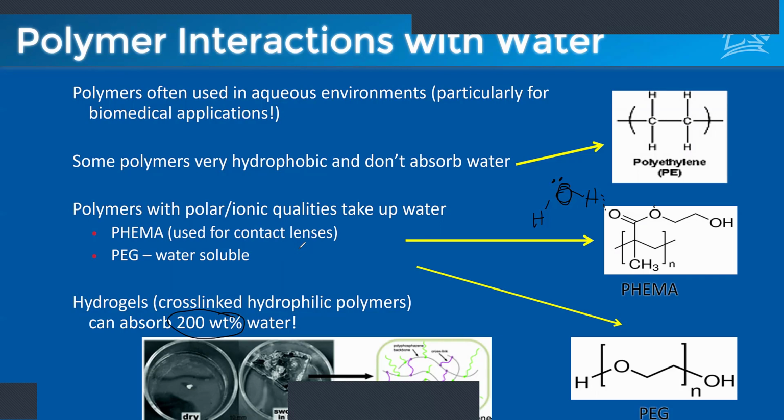And there are some cool applications that we'll talk about later in the semester associated with those. But it all goes back to looking at the structure of the polymer and being able to predict properties of that polymer based on its structure alone. And we can predict, if we see these polar groups in the backbone or on the side chains, the degree to which the polymer is capable of taking up water.